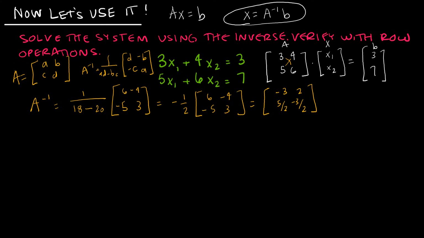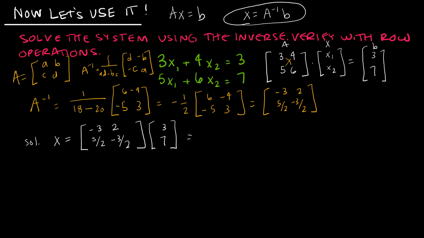So to find my solution, x is going to be found by multiplying A inverse, which I'm just going to copy from the work I just showed, multiplied by b, which is 3, 7. And when I do that math, I should end up with the correct solution.